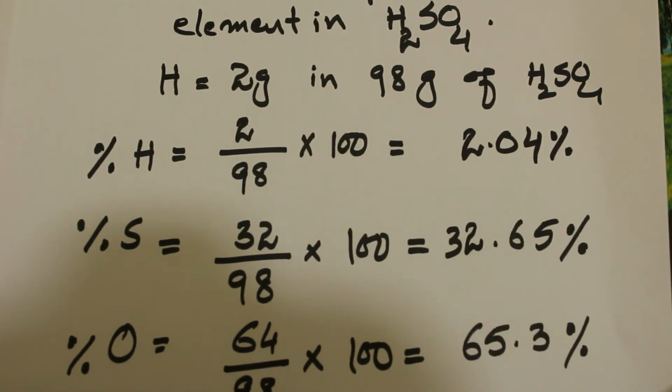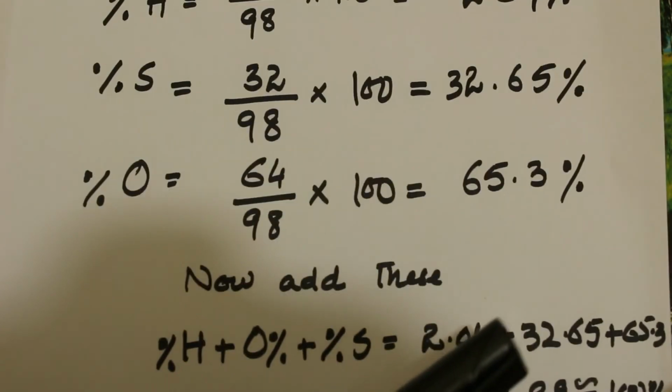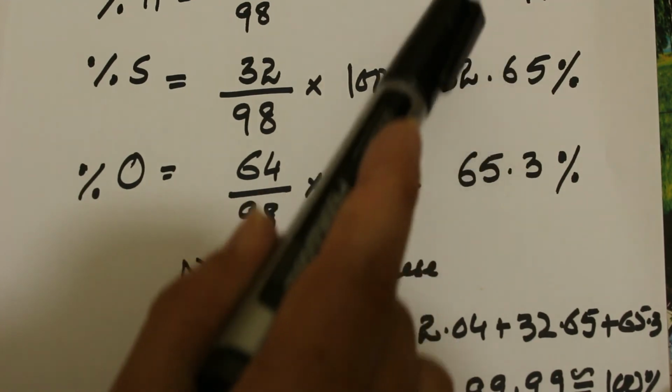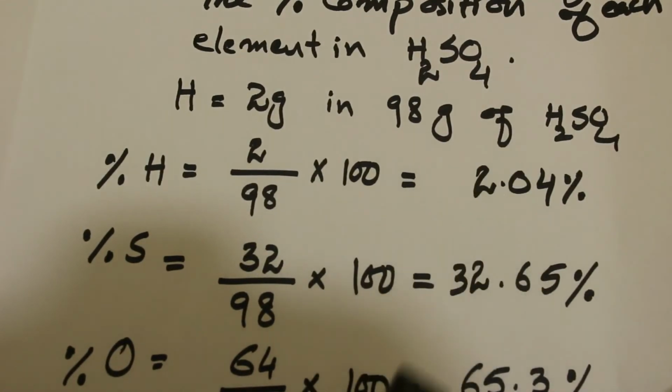We know that 64 grams of oxygen is contained in the 98 grams of sulfuric acid. Now if we take 100 grams of this sulfuric acid, then how many grams of oxygen will it contain, and this is equal to 65.3%.